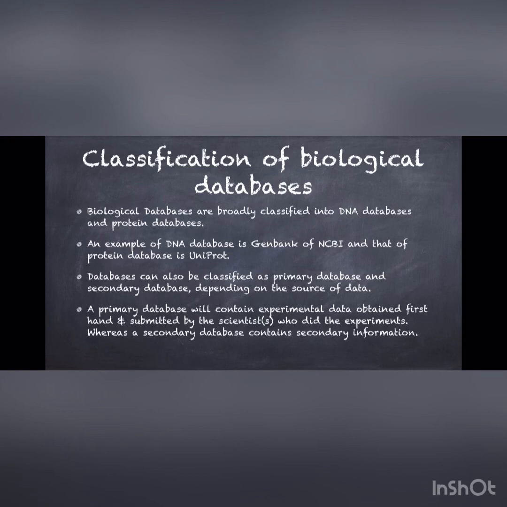For example, if database A has the nucleotide sequences deposited in it, and database B has amino acid sequences translated from nucleotide sequences obtained from database A, we will call database A the primary database and database B the secondary database.